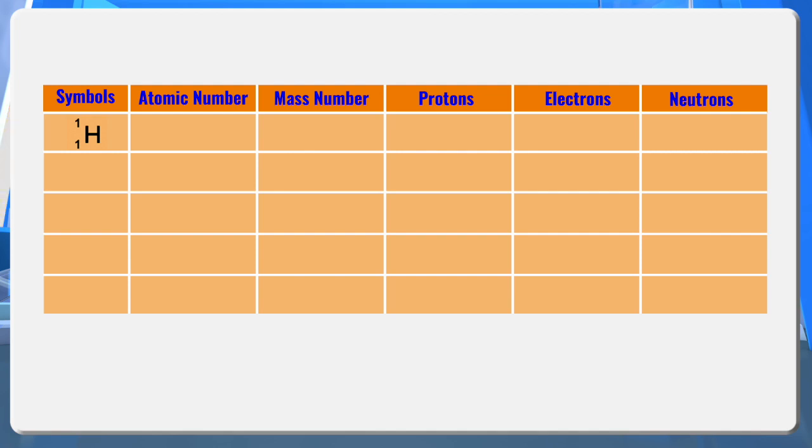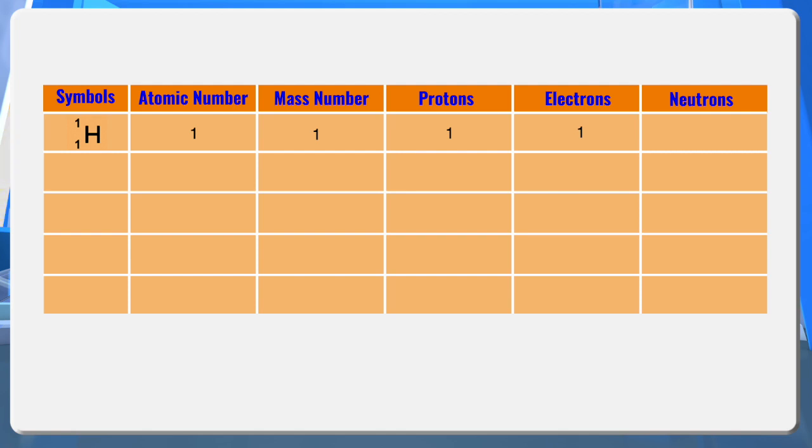So, for the hydrogen atom, mass number is equal to 1, atomic number is equal to 1. Therefore, the number of protons is equal to the number of electrons is equal to 1.